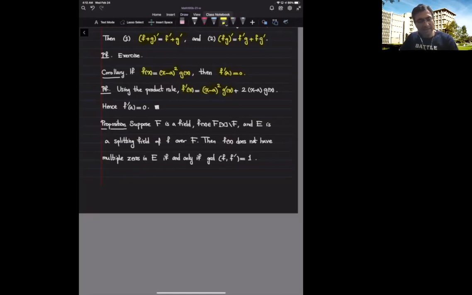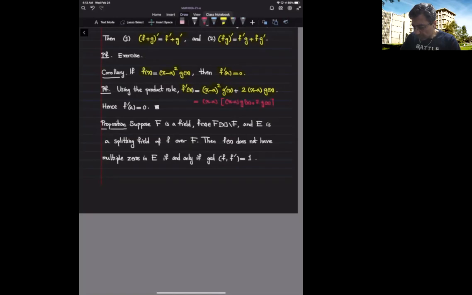But the derivative of (x minus a) squared is nothing but twice (x minus a) times g of x. As you can see, these two terms have an (x minus a) in common, so I can factor out this (x minus a) and I get this equality.